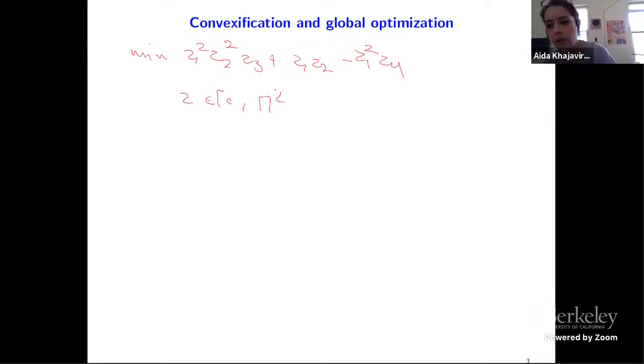When you look at this problem, it's not in the framework that I mentioned, right? This is a polynomial optimization and the variables are continuous, therefore it's not equivalent. So you cannot replace, let's say, z1 squared by z1. So what do we do in non-convex optimization? Again, in this case, we start by introducing new variables for these nonlinear terms.